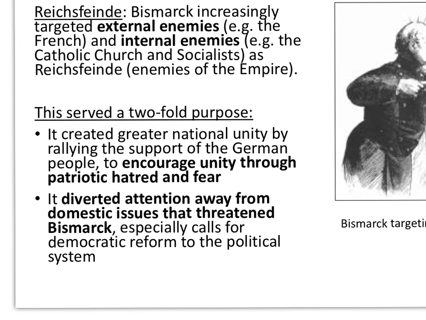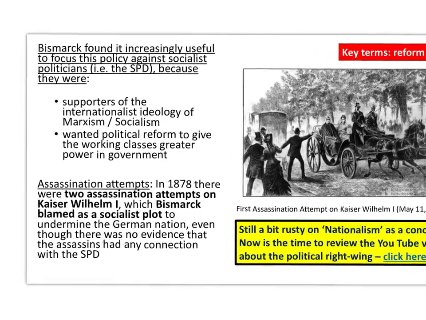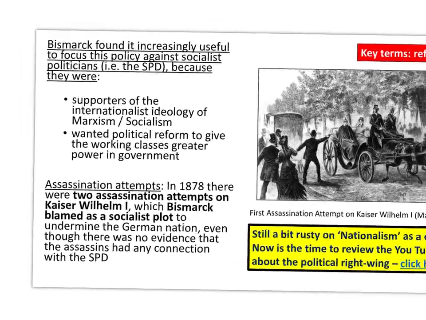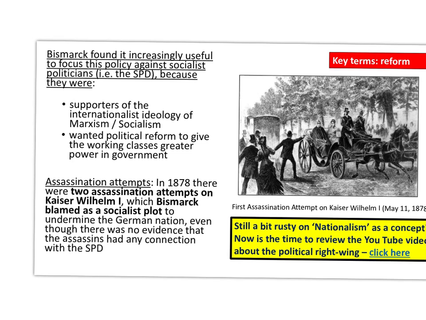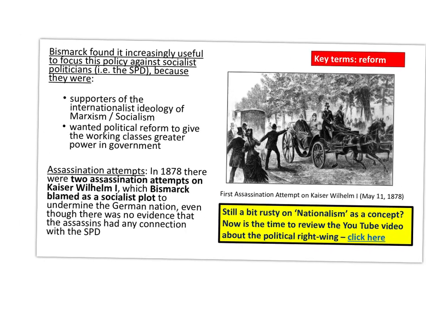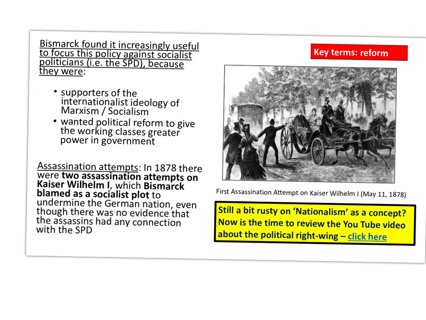Have a quick read. And then this slide gives more information about the focus, in particular in 1878, against the socialists. So again, you can pause the slide and just read it. And as you can see, the point is, why 1878?